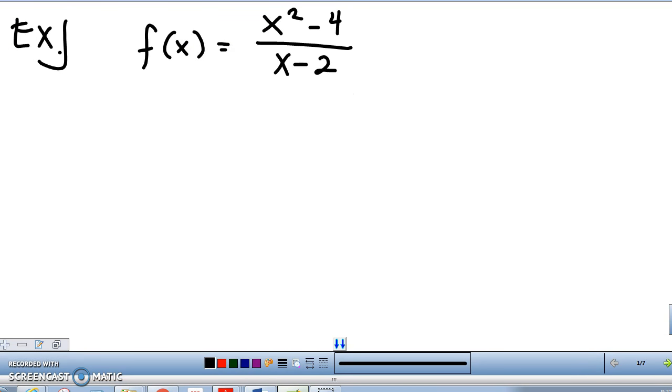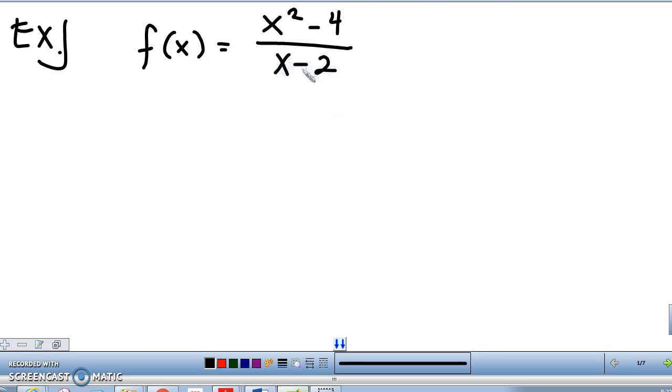So here we have x squared minus 4 over x minus 2. We know that this is not continuous at x equals 2.